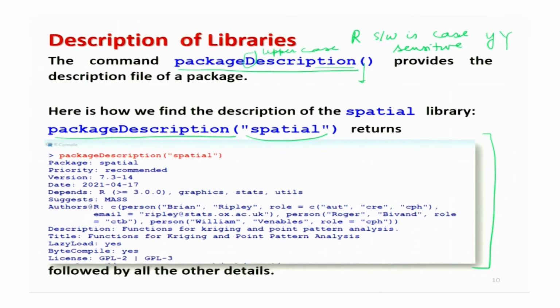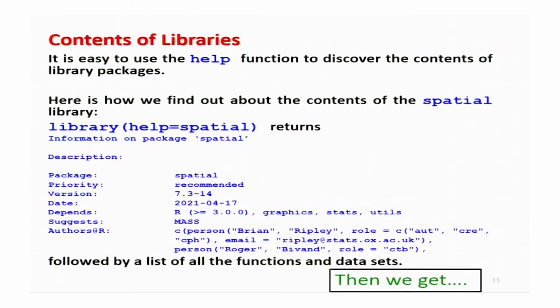You can see here the package name, priority, version, date when it was built, depends, suggests, authors, etc. There will be some other details also, but I have given you here a brief screenshot just for the sake of understanding.